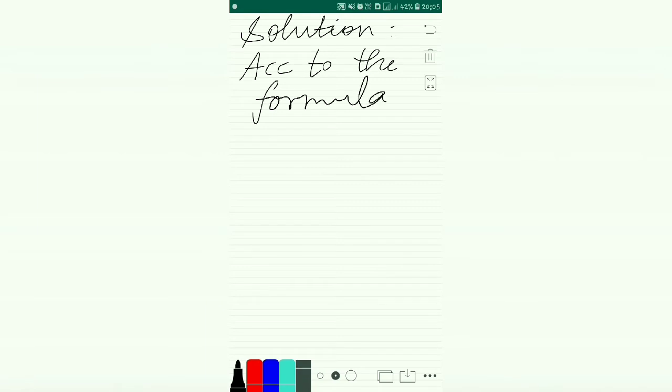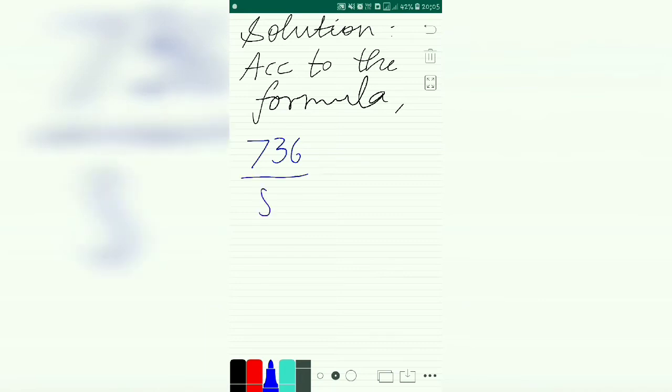So you have to write the formula first and then write according to the formula whatever we are given, 736 upon 800 into 100 is equal to dash percentage.